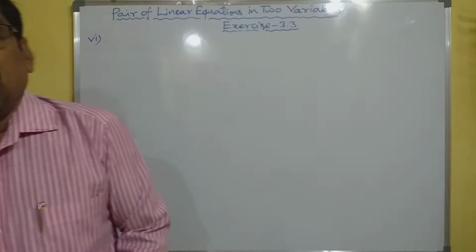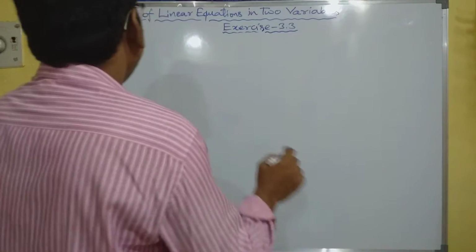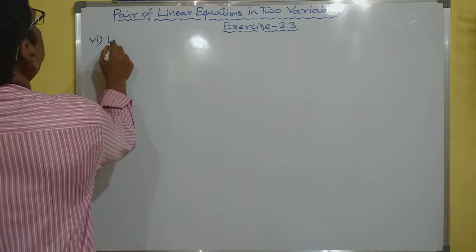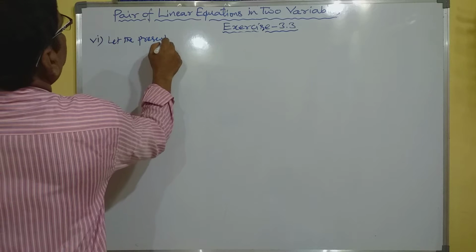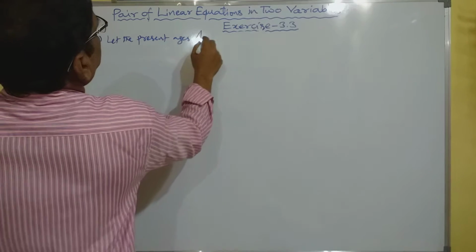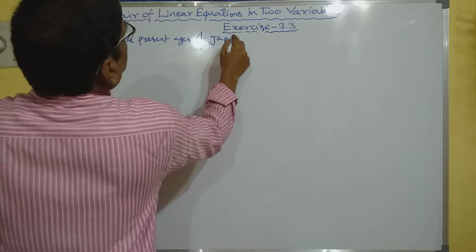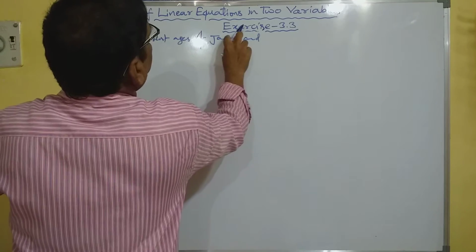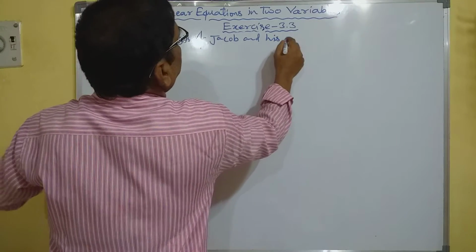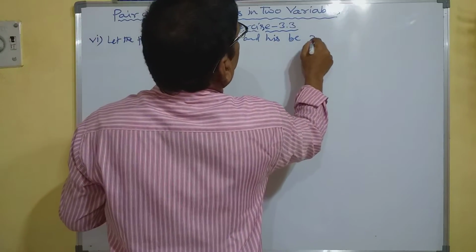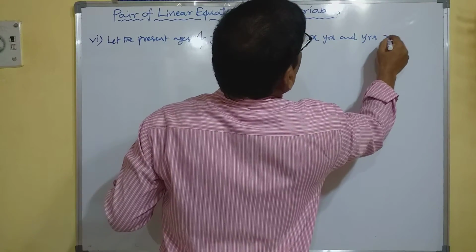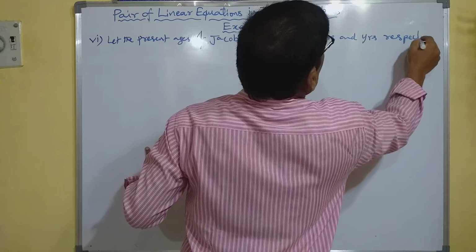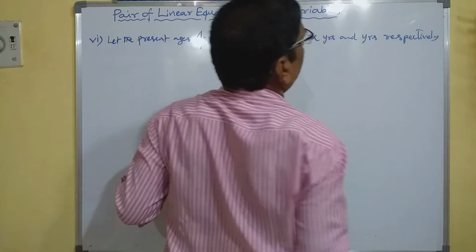Okay, now here we need to take the present ages of Jacob and his son to be x years and y years respectively.